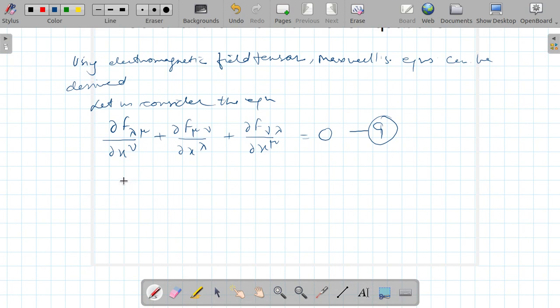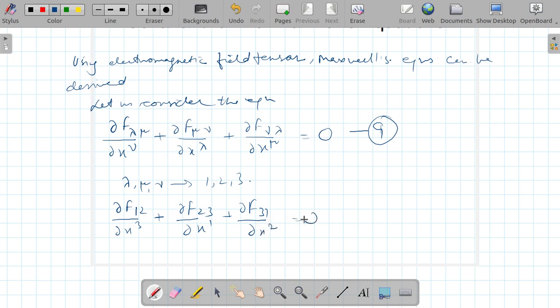Now consider λ, μ, ν as a combination of 1, 2 and 3. Then equation number 9 will become ∂F12/∂x3 + ∂F23/∂x1 + ∂F31/∂x2 = 0.